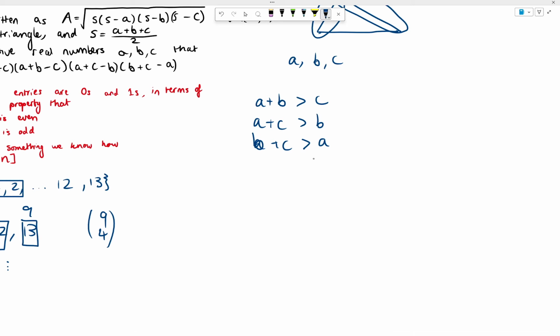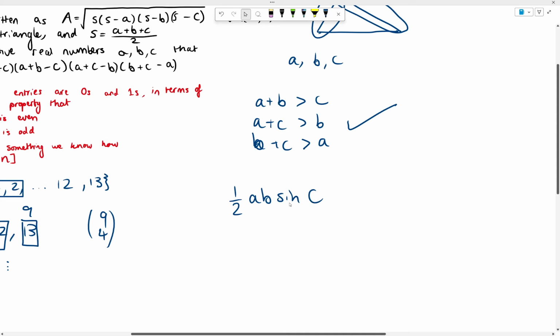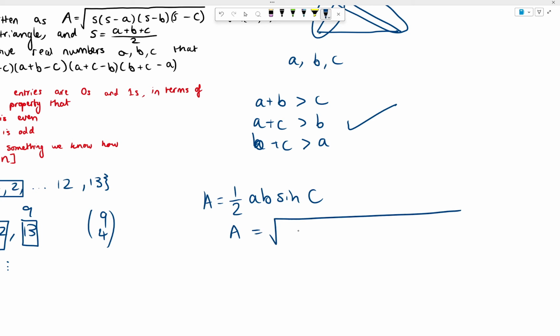Then we can use the fact that the area of a triangle is equal to half ab sine C, and the area is equal to the square root of the semi-perimeter s times (s minus a), (s minus b), and (s minus c).